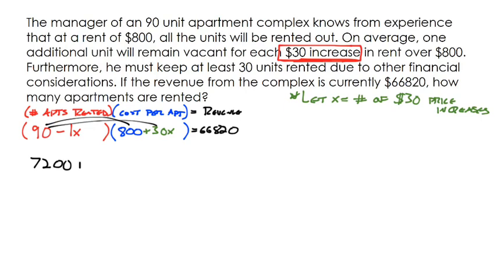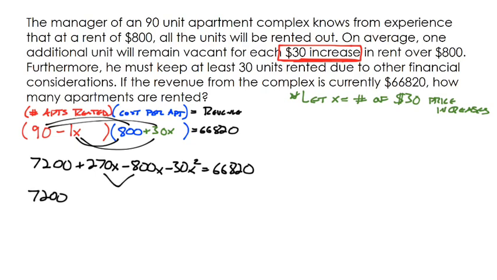Then 90 times 30x is 2,700x, minus 800x, minus 30x squared, and this is equal to 66,820. Now let's simplify a little. I still have my 72,000, and combining like terms gives me 1,900x, and then I still have my negative 30x squared equals 66,820.